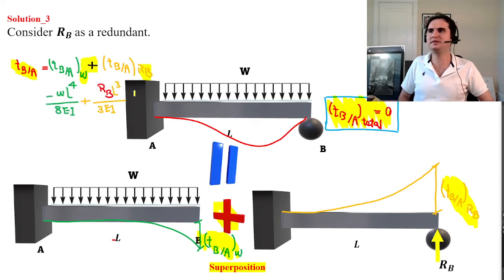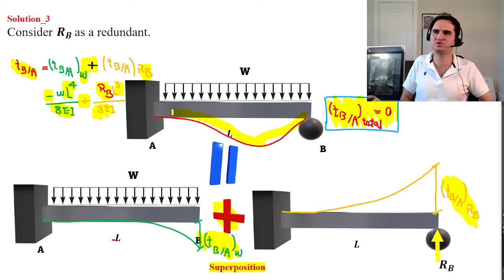The first part is a negative area, negative WL to the fourth over 8EI, plus a positive area, where RB is unknown, and that should equal 0 due to the fact that we already know it from the geometry.